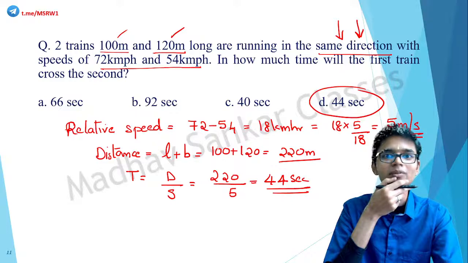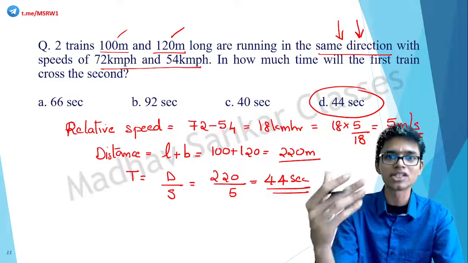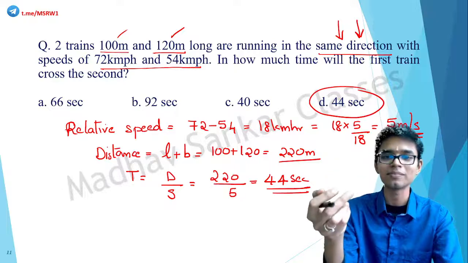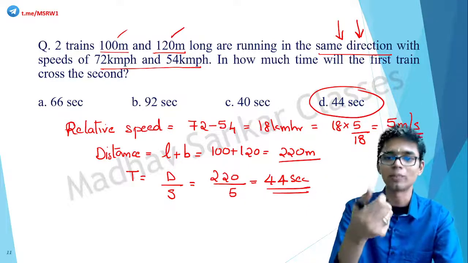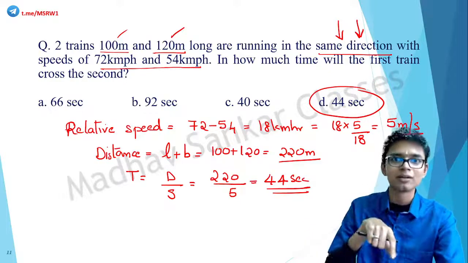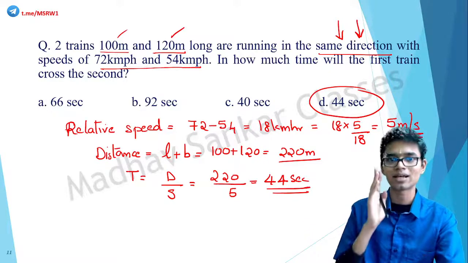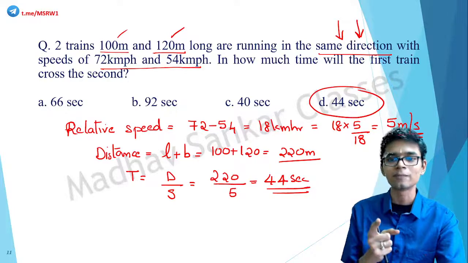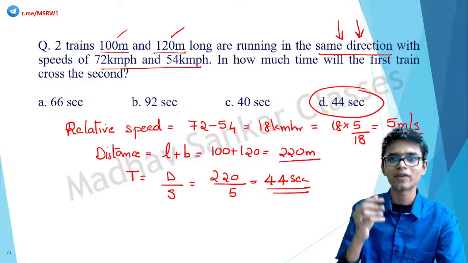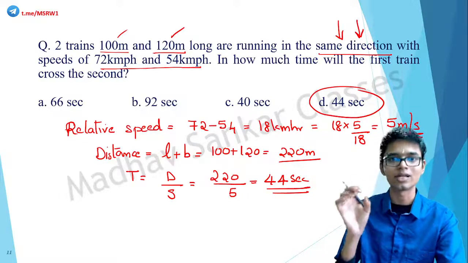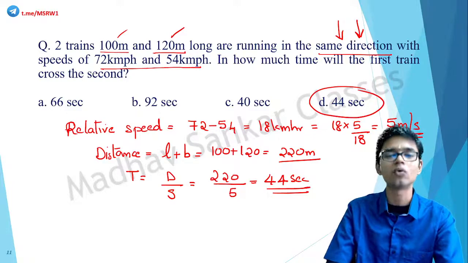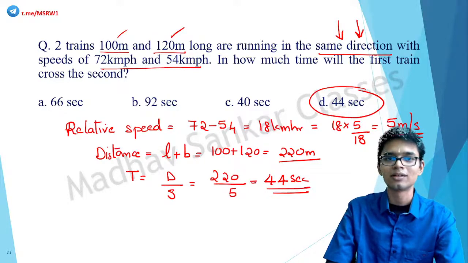Okay, very simple questions. I think by the end of this class, you will be proficient in trains, because these are the kinds of questions that come in the exam. Maybe the numbers will be slightly more complicated, or the question will be given in a twisted fashion. But understand that if you can identify the direction correctly, the units correctly, and whether the length is significant or insignificant, then you can simply find the answer, however the question is asked.